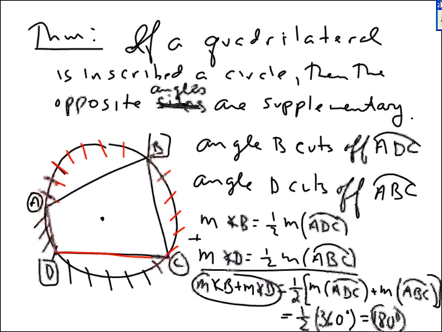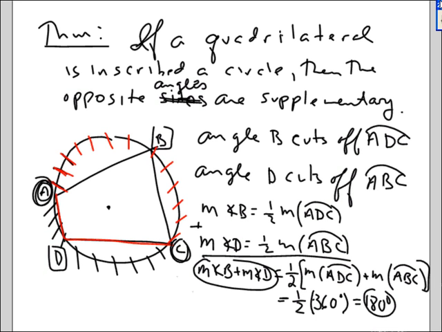And since B and D were arbitrary angles, just any old opposite angles, it's going to turn out that angle A plus C has the same result.